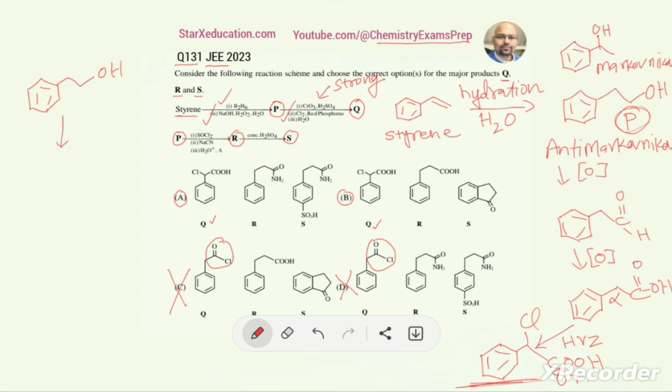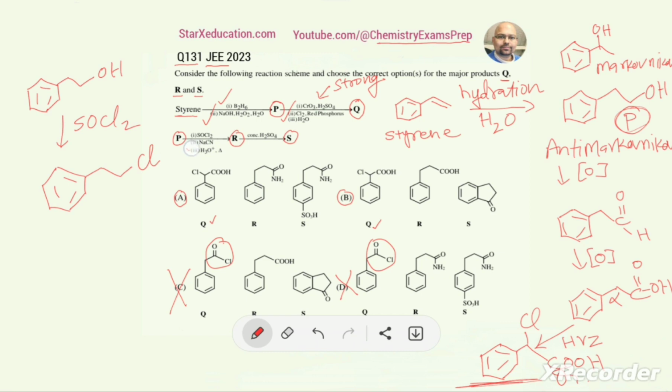SOCl2 is a very good reagent to convert alcohols to corresponding alkyl halides. So this reaction would initially give us a halogenated product.